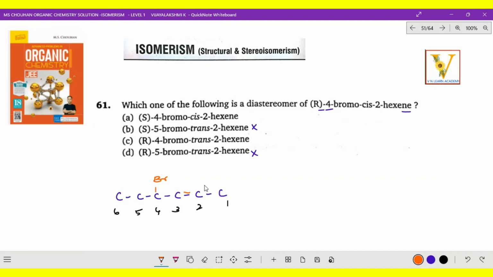In that way, let us write the structure: C, and here one more C, and here bromine will be there, and here hydrogen will be there, of course, and here C double bond C, and here one C, and here one hydrogen. Now this is a geometrical isomer.